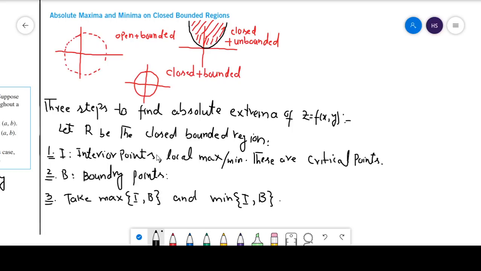So you calculate all the critical points. These are the interior points, the points inside this closed region where local extrema can occur. Then you check the boundary points, and then take the maximum of all these or minimum of all these points.